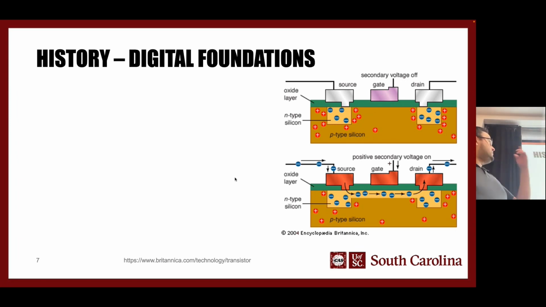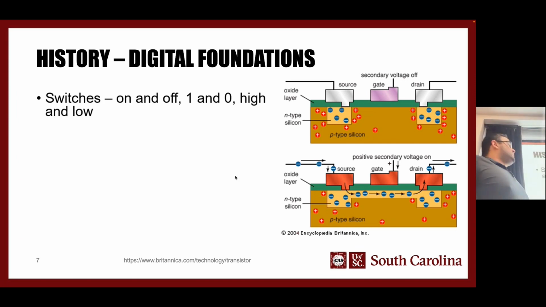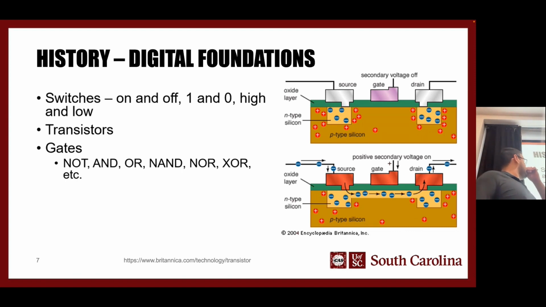All right, so digital foundations, we start with switches, on, off, 1, 0, high and low. So these are transistors, which are the foundation to pretty much everything computing. These transistors create NOT and all these different gates and logic we know of.